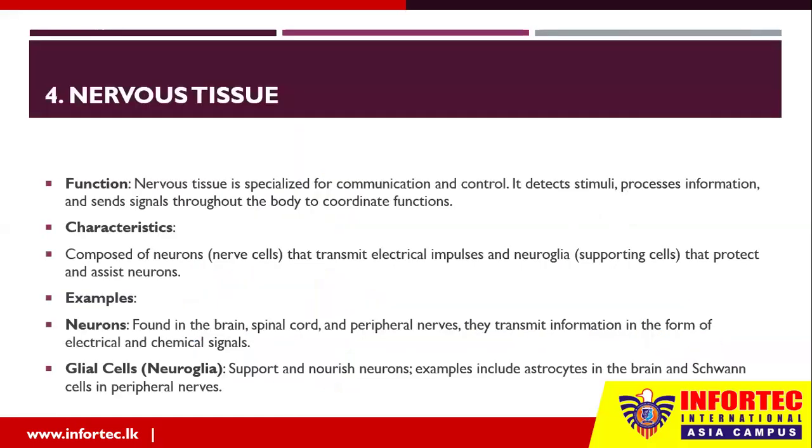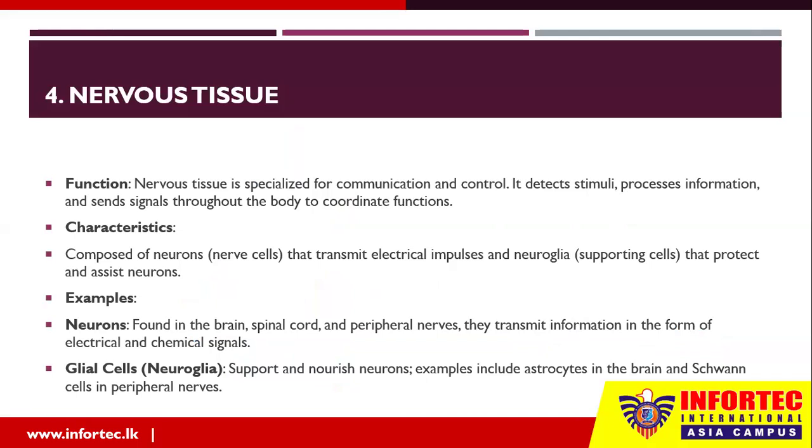Okay. So as the major component of the nervous tissue, we can take neurons. Then the second one is neuroglia, or we can refer to it as glial cells. These glial cells support and nourish neurons, right? Support gives protection and nourishes the neurons.